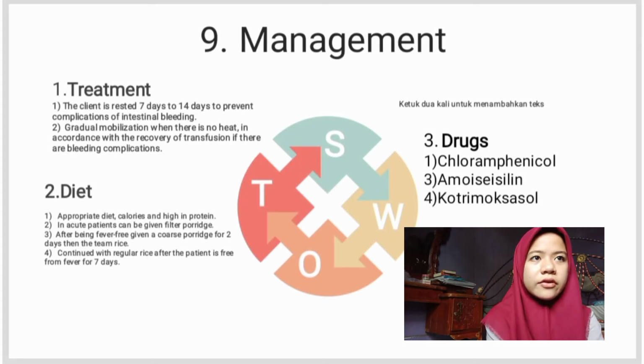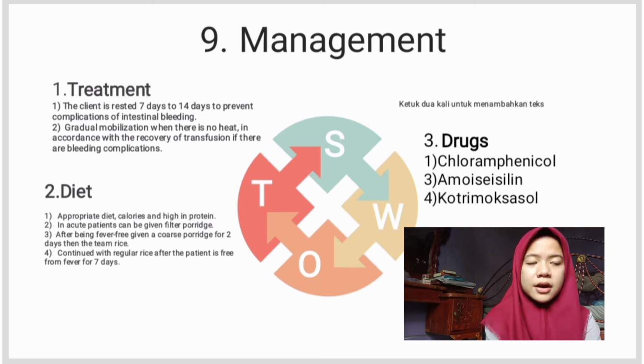Number 1, treatment. The client is on bed rest for 7 to 14 days to prevent complication of intestinal bleeding. Gradual mobilization in accordance with recovery, and transfusion if there are bleeding complications.